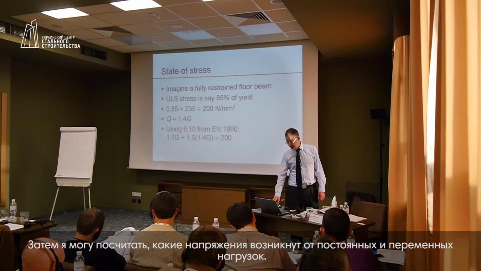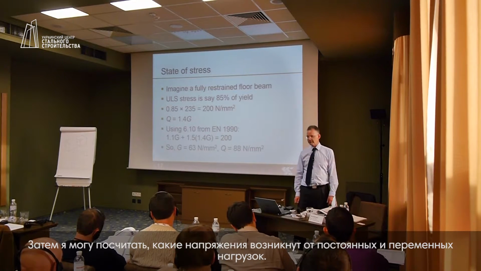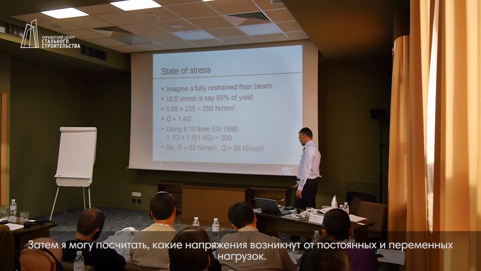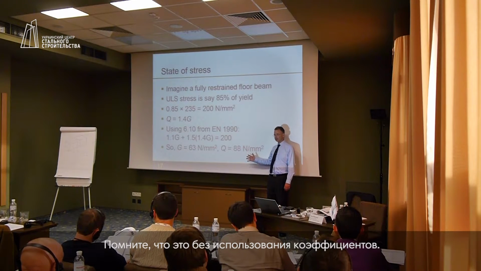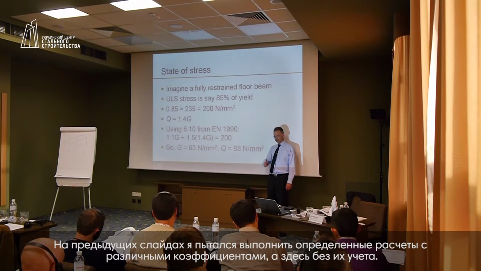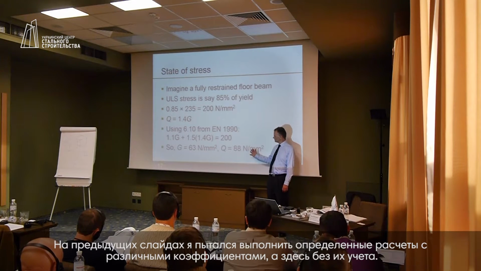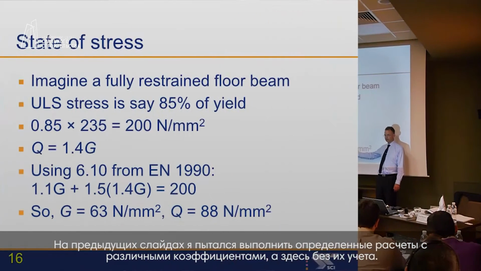So I can then work out what the stress due to the permanent actions are and the stress due to the variable actions. Remember, this is unfactored, because a few slides earlier on I tried to make the point that the calculation concerns unfactored stresses. So I want unfactored stresses.